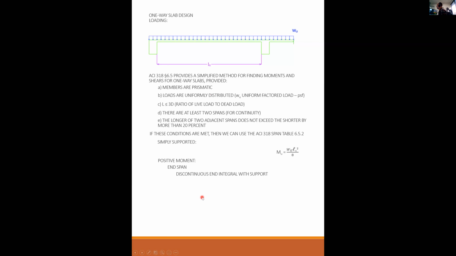Okay, so now if you have an end span like the one I show here, because this is the end or the edge of the structure, then the discontinuous end integral with the support, you have a moment of WL squared over 14. And that is again in the positive region at the midspan of the end bay, if you will. So it's the middle of the end span.